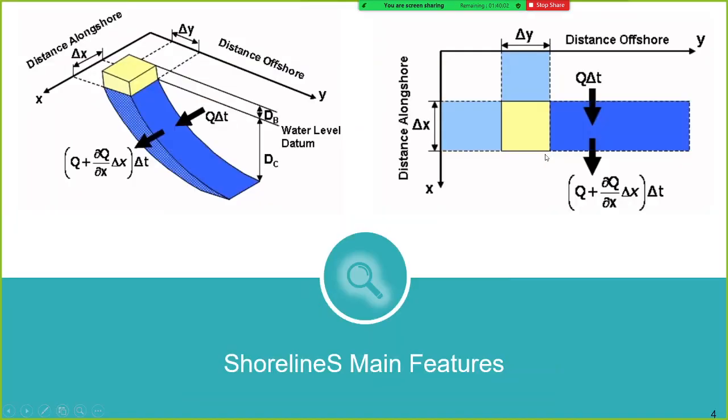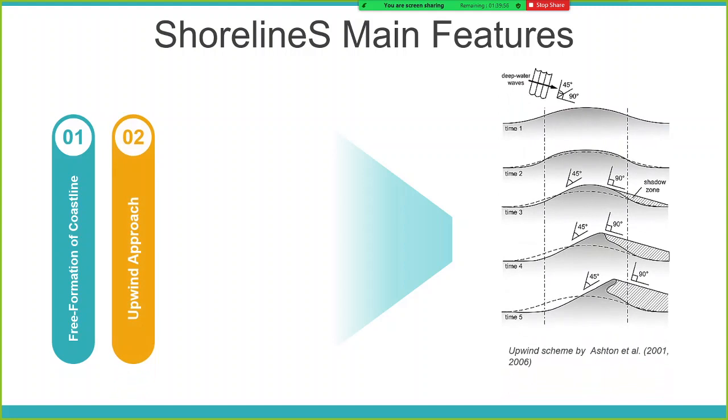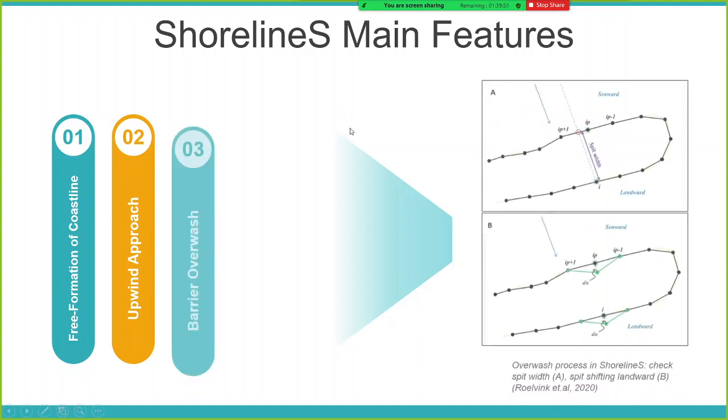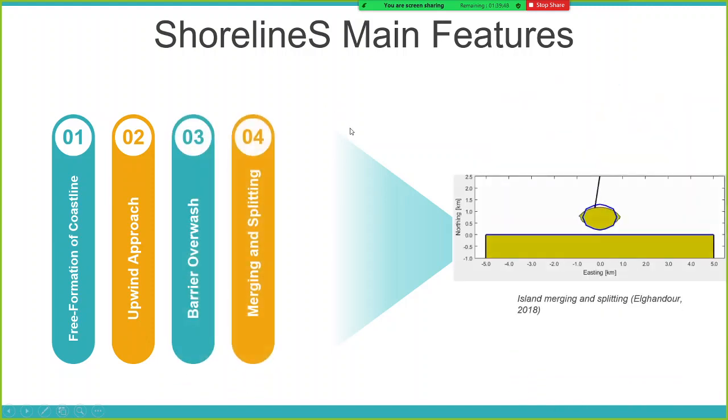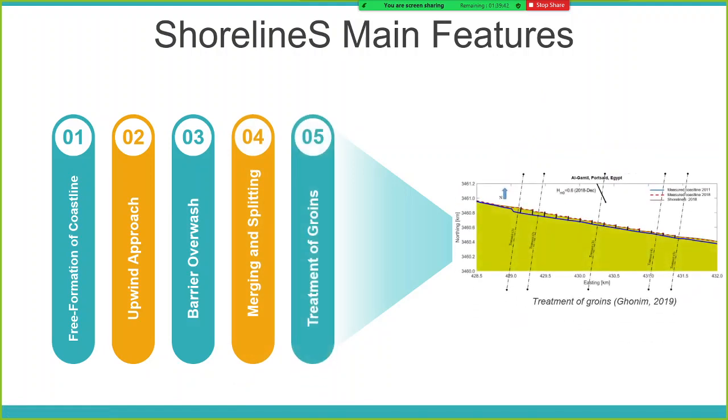First, the ShorelineS main features, which are the free formation of the coastline, the introduction of the upwind approach by Ashton, the barrier overwash, merging and splitting lakes and islands, and the treatment of groins.